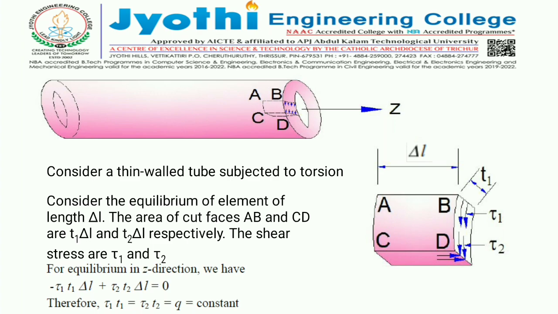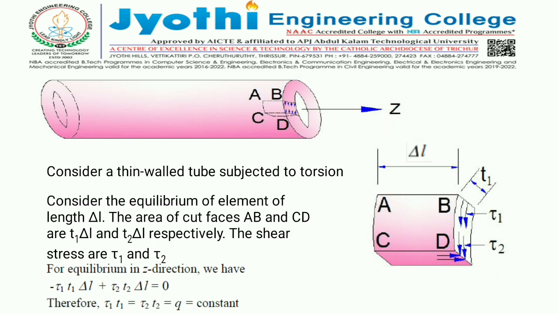Consider the equilibrium equation on element ABCD. Apply equilibrium of forces in the Z direction. The areas of faces AB and CD are t1 into delta L and t2 into delta L respectively. Shear stresses acting on faces AB and CD are tau1 and tau2 respectively. For equilibrium in the Z direction, the resultant force acting in the Z direction is equal to 0.